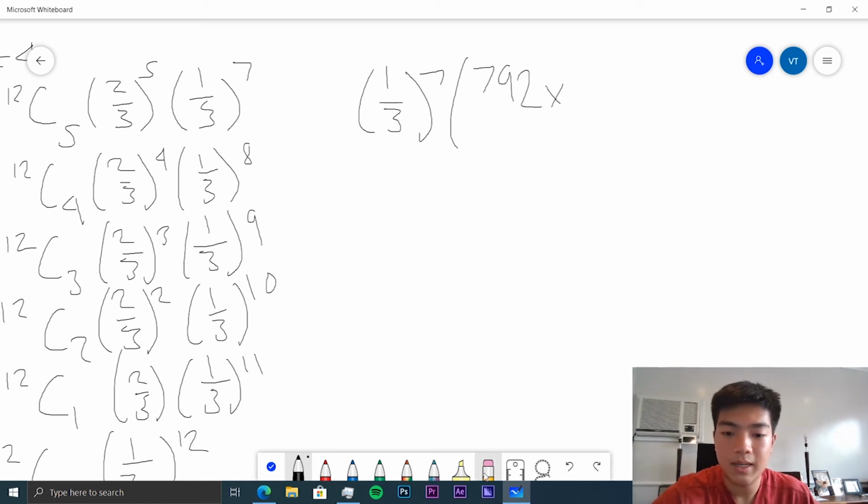times, actually I'm just going to calculate all of these in decimals already. So this is 12 choose 5 times 2/3 to the power of 5.